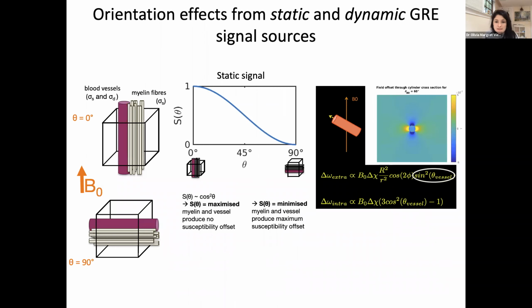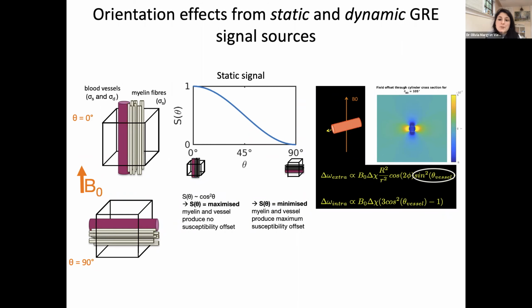Let me explain this with a simplified voxel cartoon model of cylindrical fibers and vessels that run in parallel. If parallel to B0, myelin and blood will induce no susceptibility field offset in their surroundings, and the gradient echo signal will be maximized.